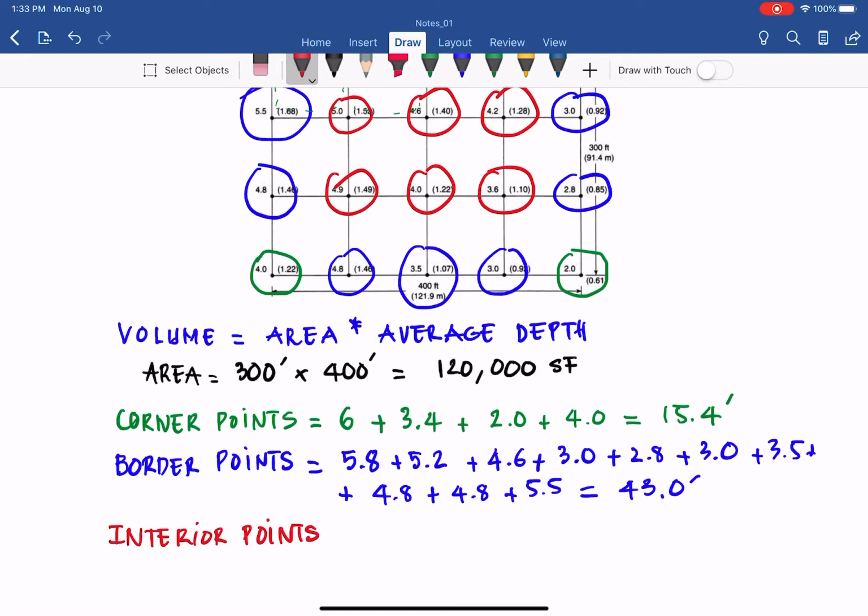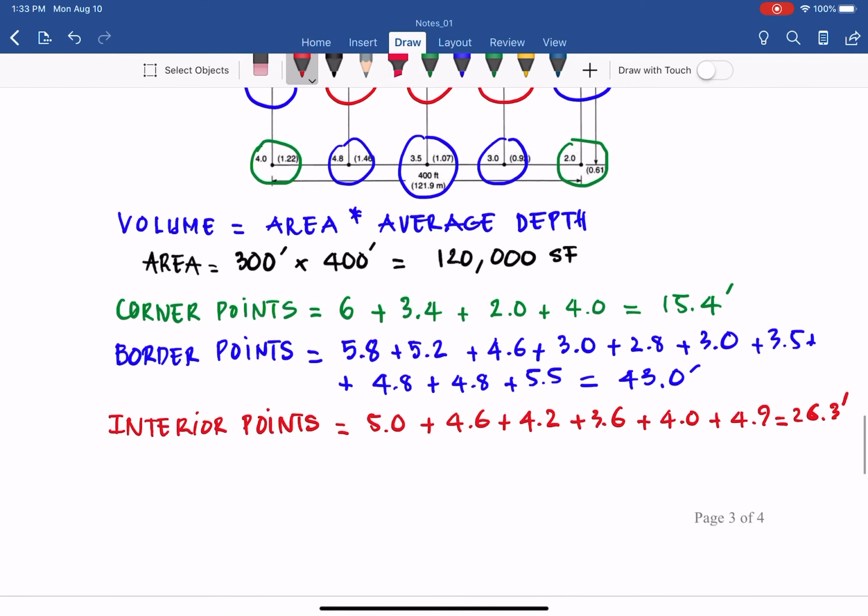In the interior points, we will have 6 of them. So we add up the depths, 5.0. Again, clockwise, we have 4.6, 4.2, 3.6, 4.0, 4.9. And this total, we get 26.3 feet. So that is the total depth of corner points, border points, and interior points.